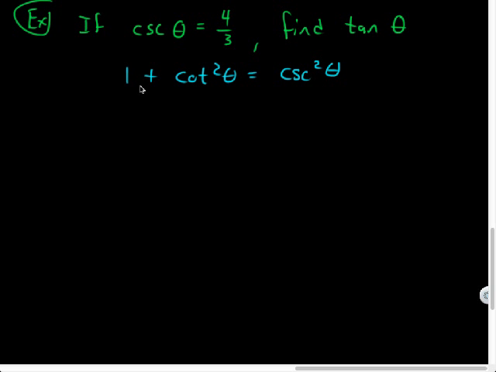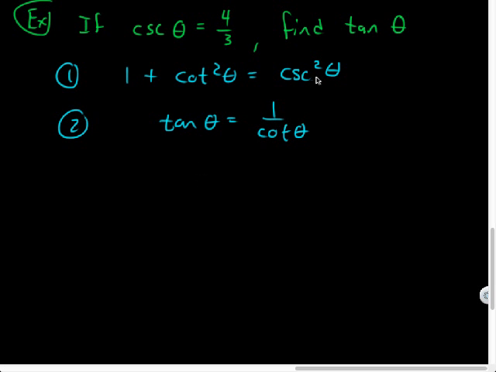I could use a Pythag and then combine that with, once I know cotan, I could find tangent using a reciprocal identity, right? Where tangent theta is equal to 1 over cotan theta. So this would be like a 2-step, all right? So I view that as like 2 degrees of separation, all right? So let's do that one for starters.